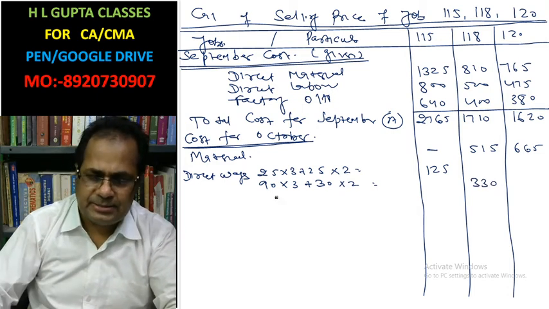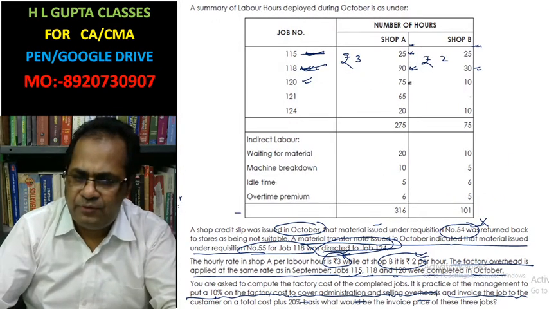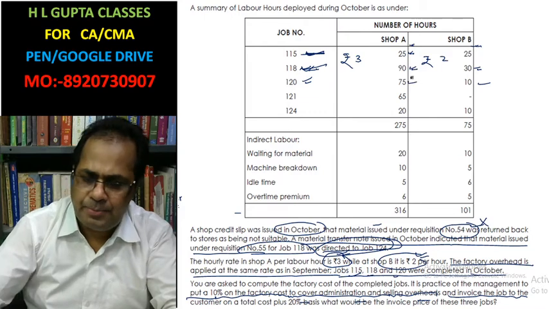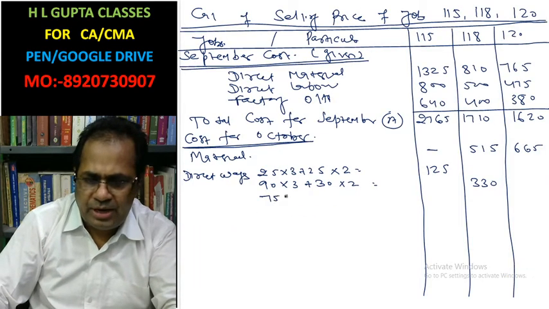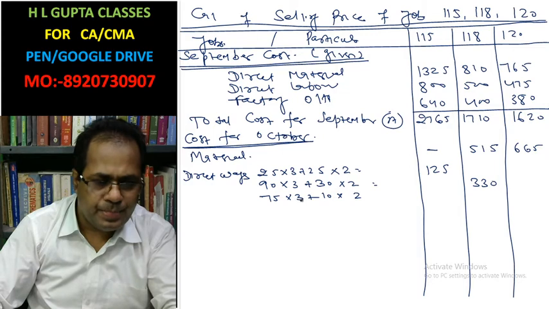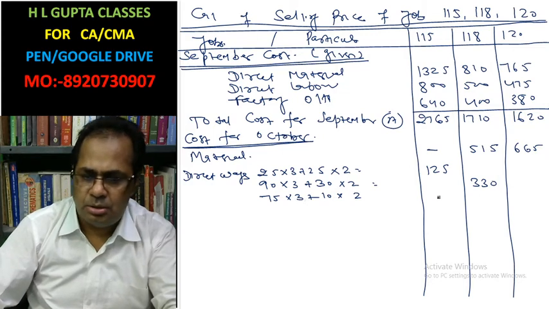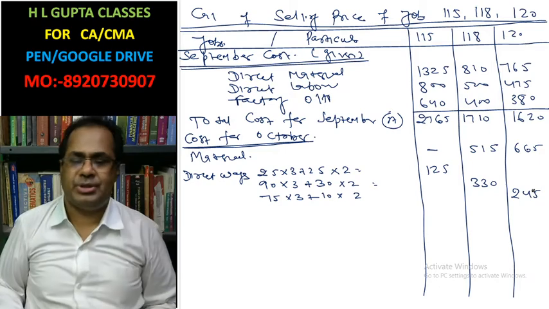And for job 120, 75 hours and 10 hours, 75 into 3, 10 into 2, so this is 225 plus 20, 245. This is the direct wages.